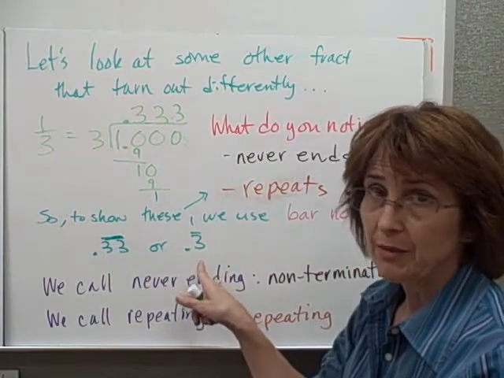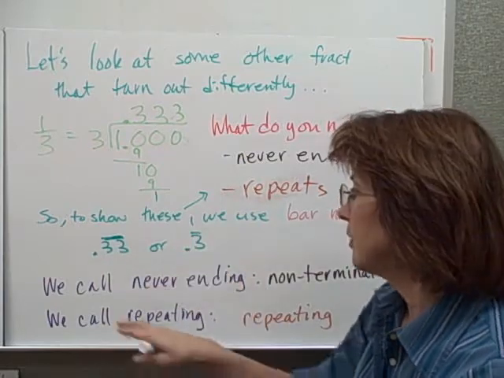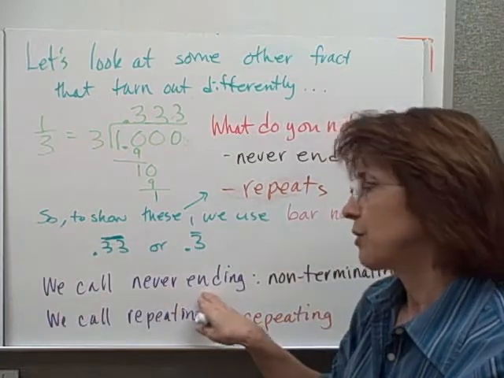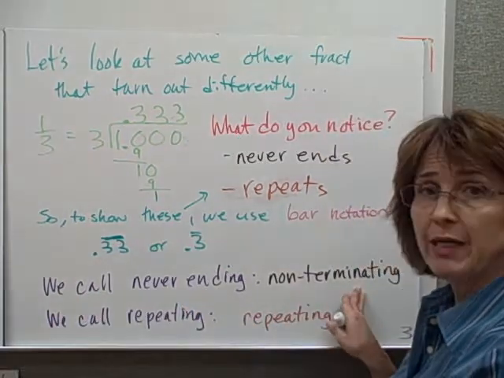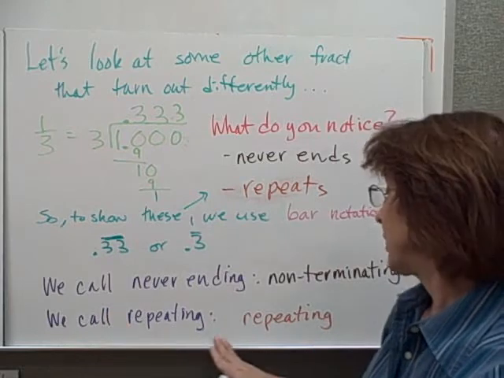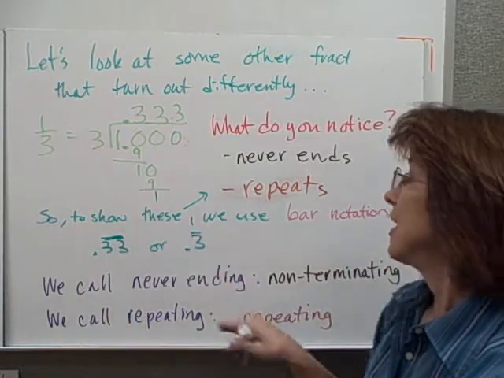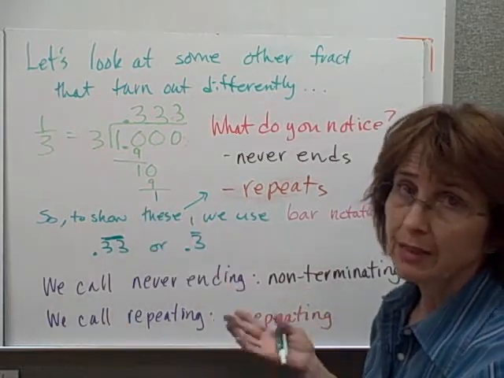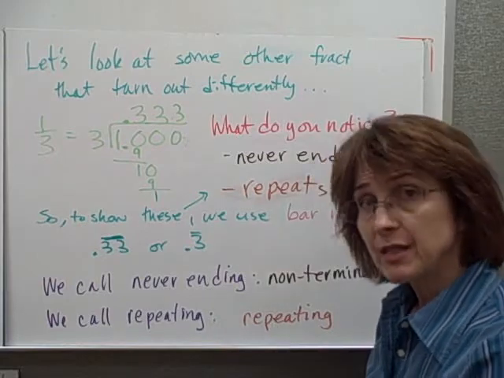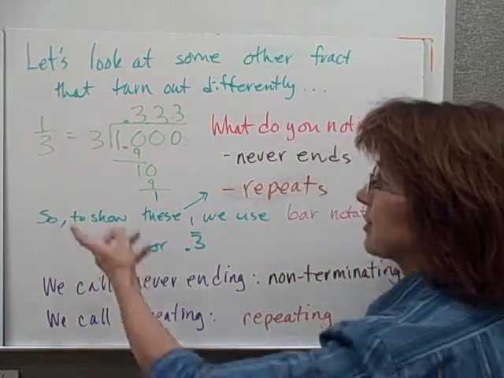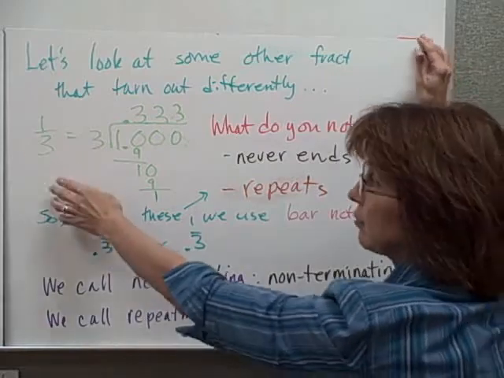Either one, it means the same thing, represents the same number. So when it's never ending, we call it non-terminating. It doesn't end. And we call it repeating. So usually we call one like this a non-terminating repeating decimal. Okay, and it still is a rational number, and it can be represented, of course, as a ratio, as a fraction.